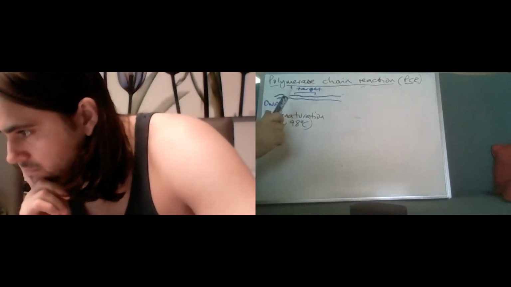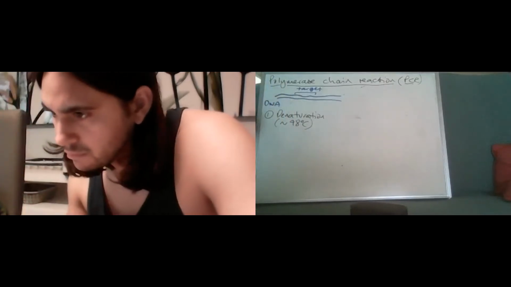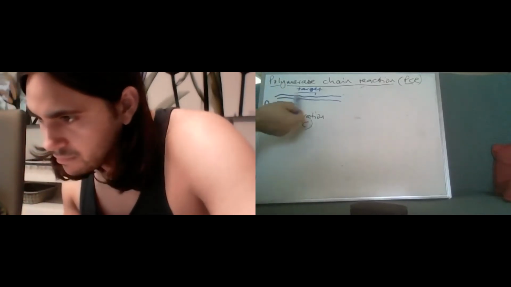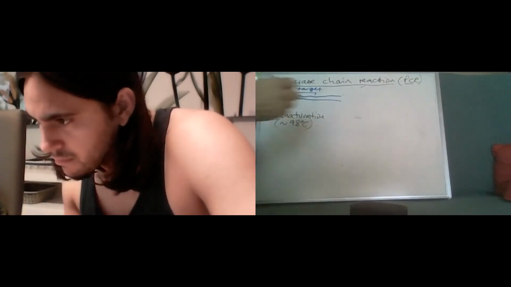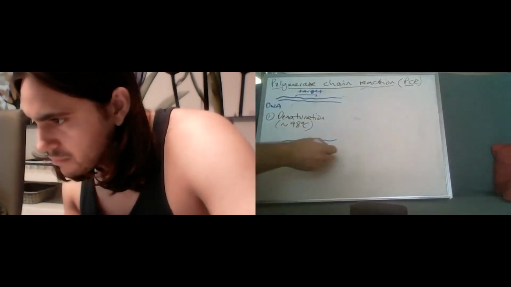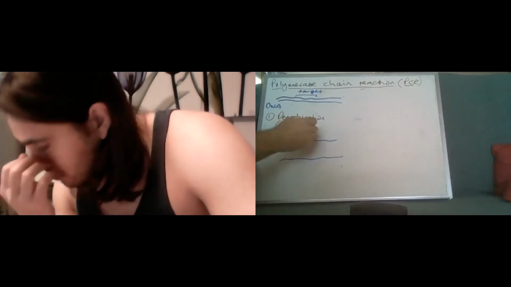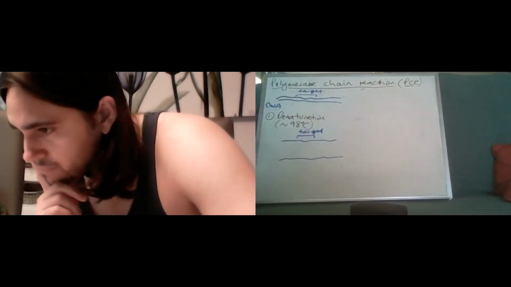And the purpose of this is to generate single-stranded DNA, because otherwise our primers are not going to be able to bind to that DNA, right? So we have our target there still.